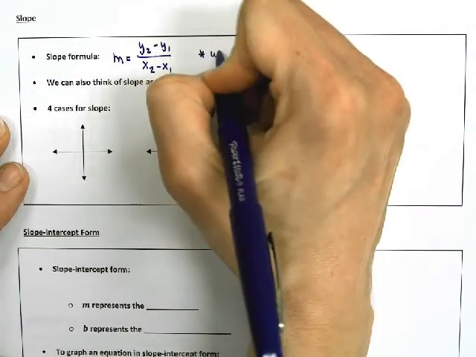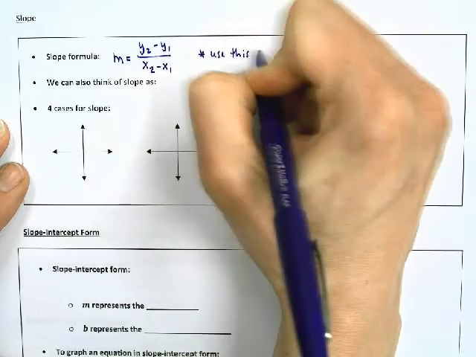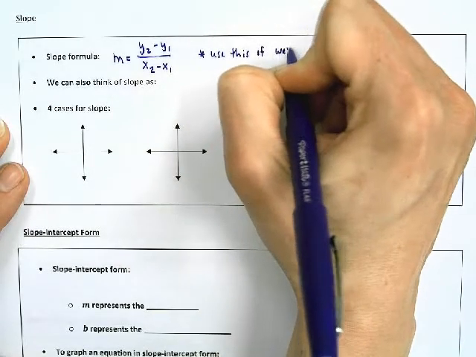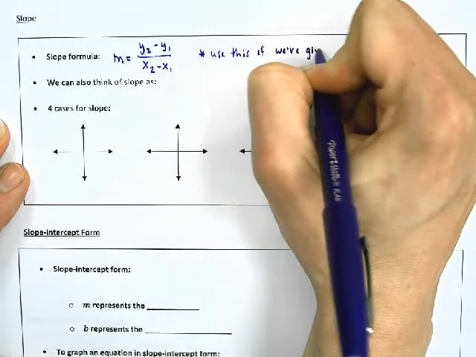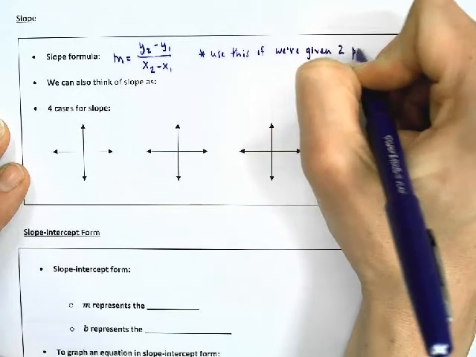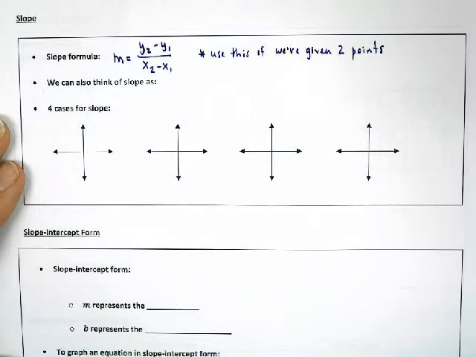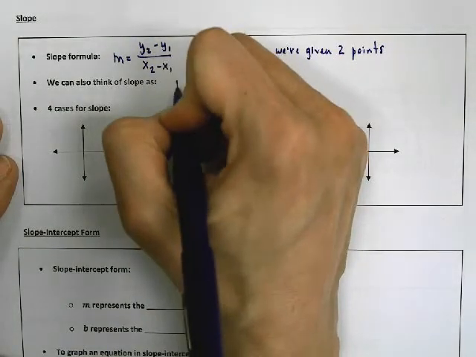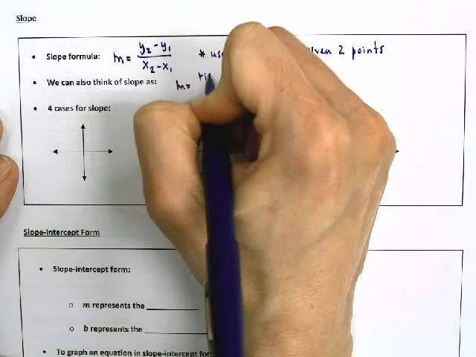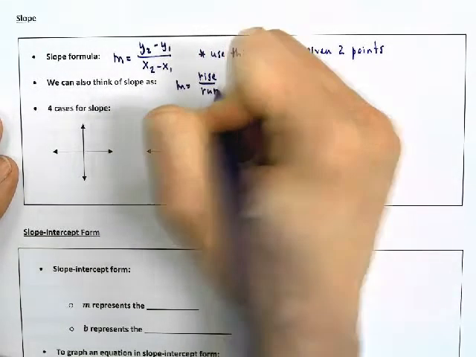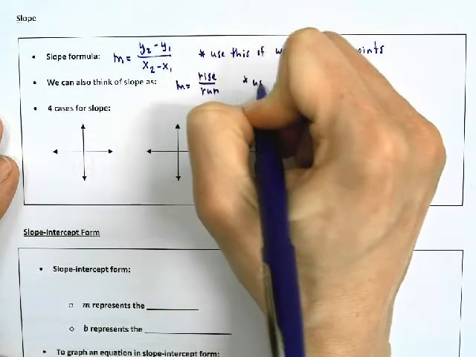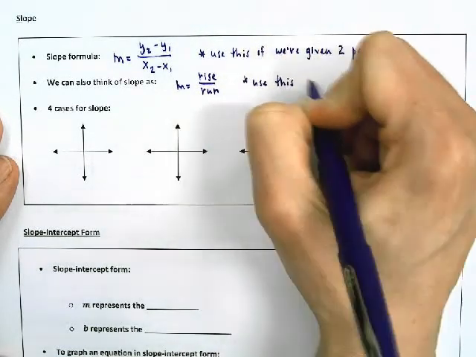And we use this if we're given 2 points on a line. Okay, we also can think of slope as rise over run. And we use this if we're given a graph.